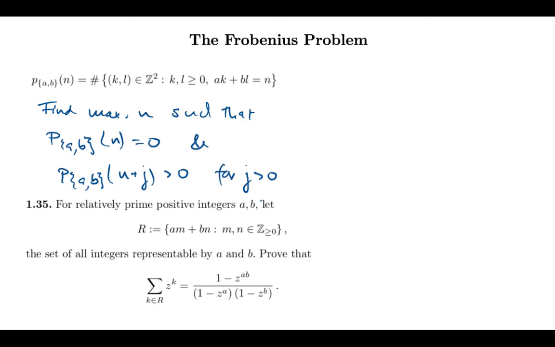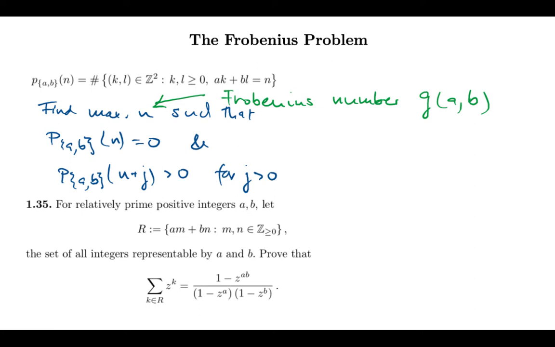So what we're doing in the book is maybe I should give you the notation over here. So this maximal n is called the Frobenius number. And we typically denote this by g of a, b.